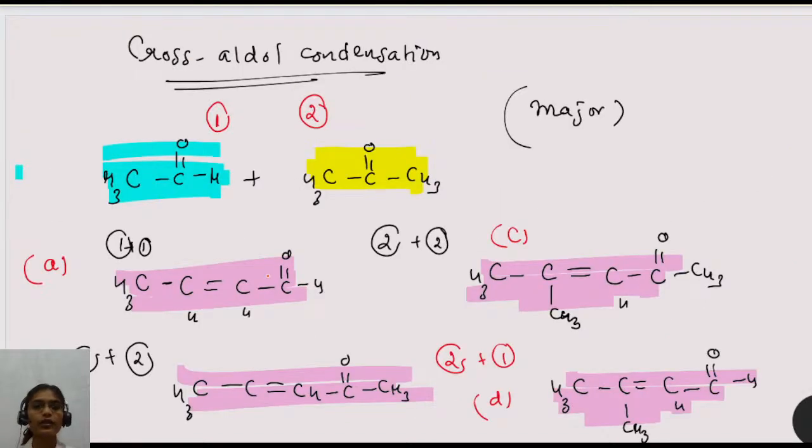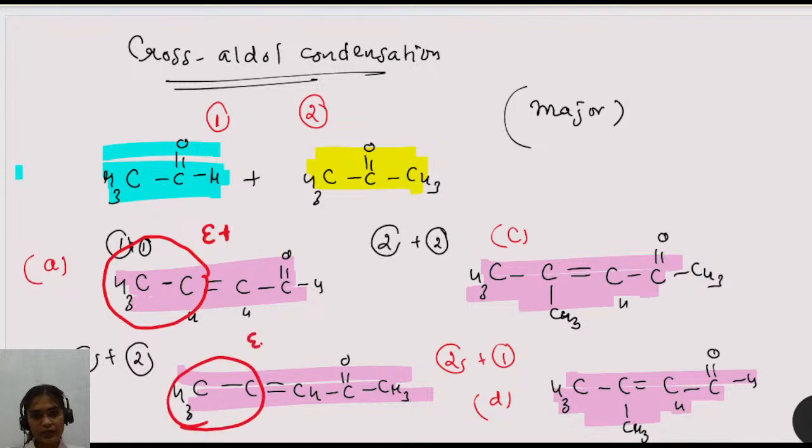So let's go back here. Look at this: how do we decide which one is the electrophile and which one is the nucleophile? An aldehyde is a carbon connected with a double bond, which means that point is going to be the electrophile. So here aldehyde is the electrophile.